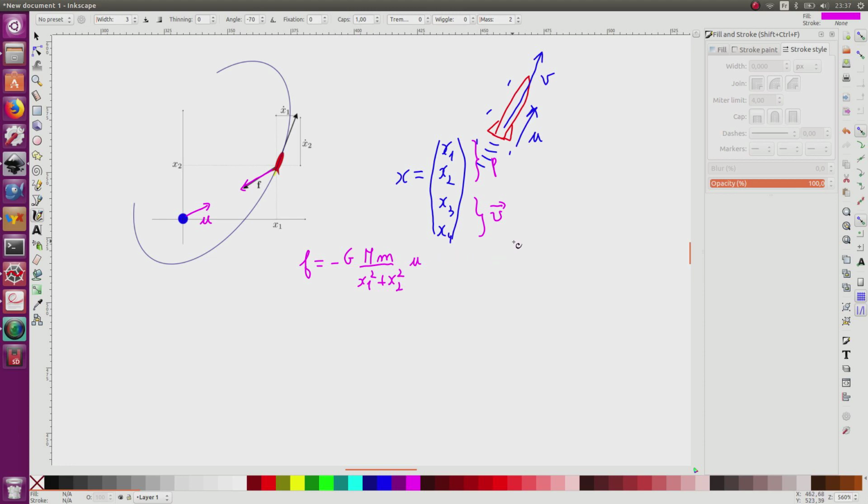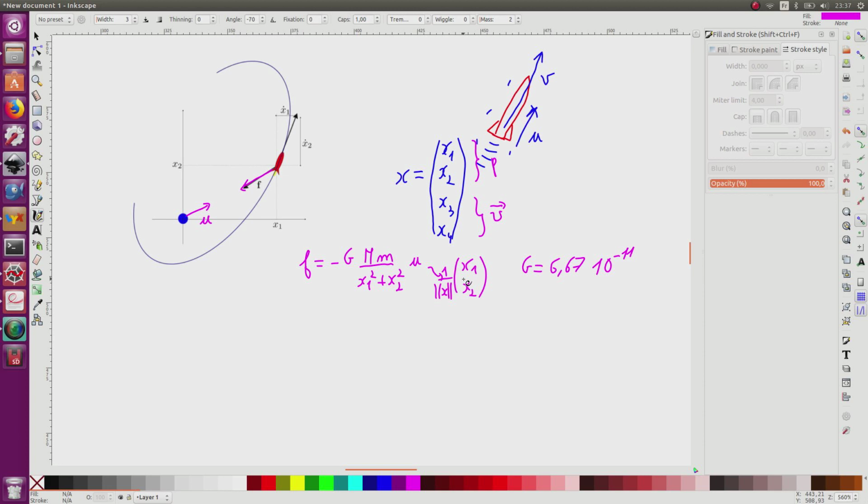Now G corresponds to the gravitational constant, which is 6.67 times 10 to the minus 11. The vector u corresponds to the vector x1, x2 divided by the norm of x1, x2.